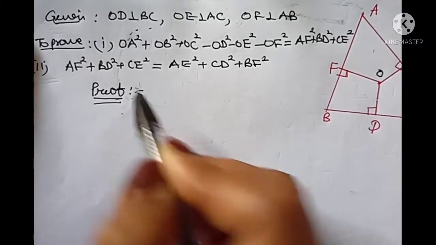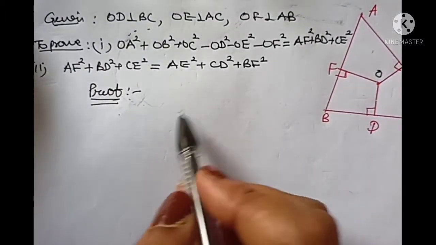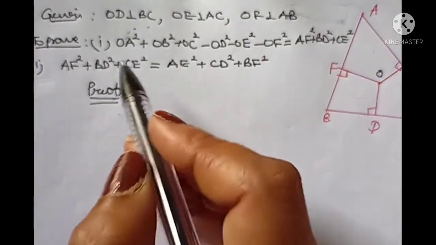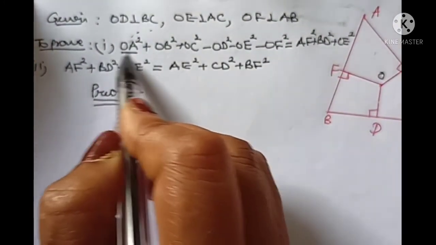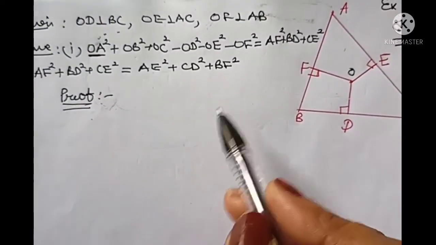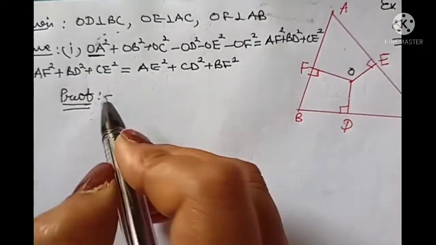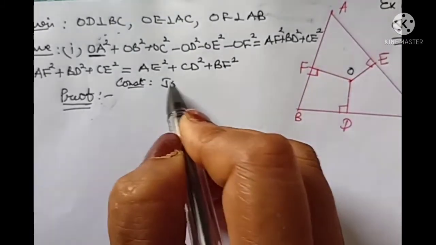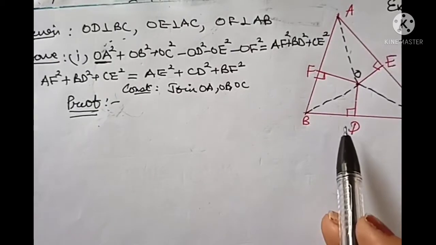So in my method of proof, most of the times I start with what either is given or what we have to prove. Now we need OA square in the to prove. So let us somehow get OA square. For this we have to make a construction, that is we have to join OA, OB and OC.